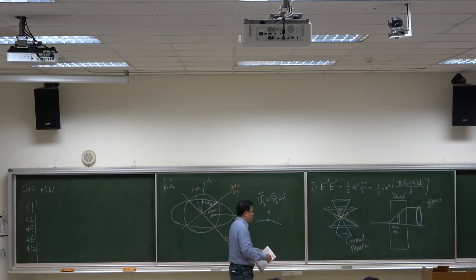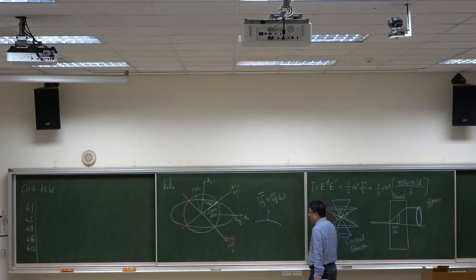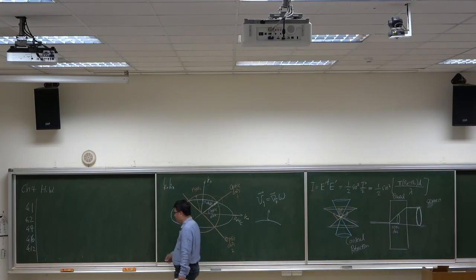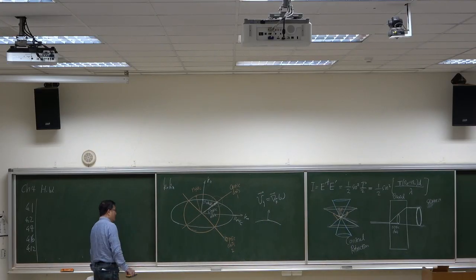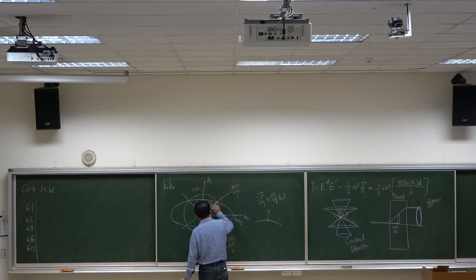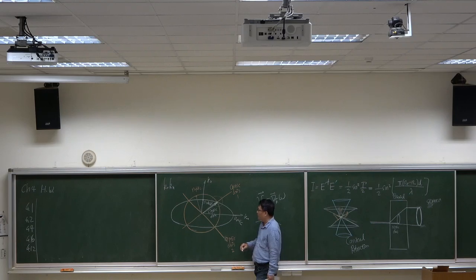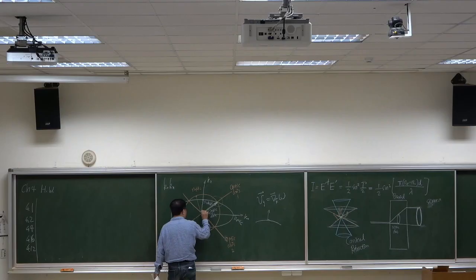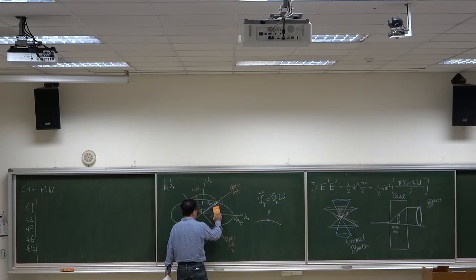So now I try to analyze the details of conic refraction. First, we need to find this reference k vector. This k vector denotes the direction of the optical axis. I denote this k vector as k0.